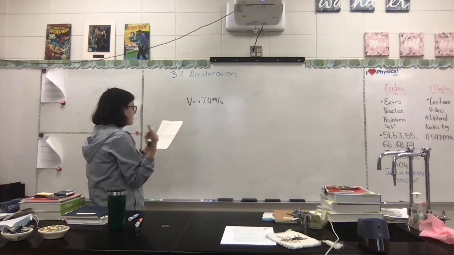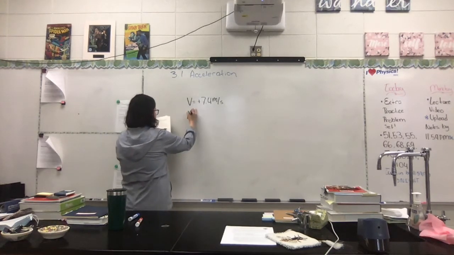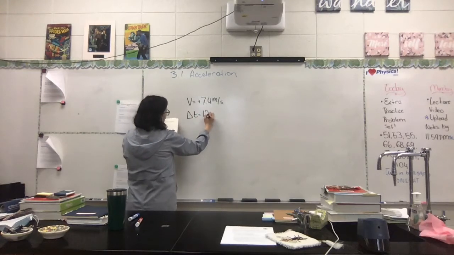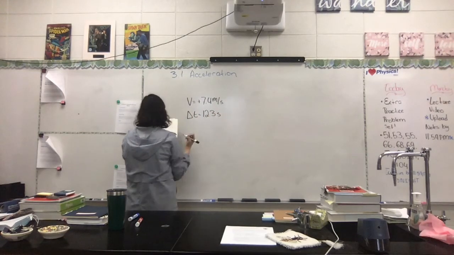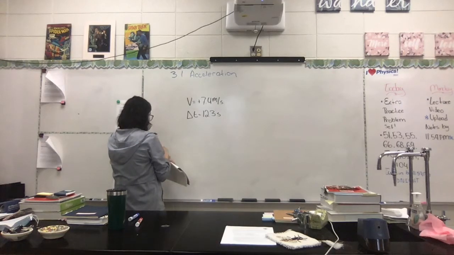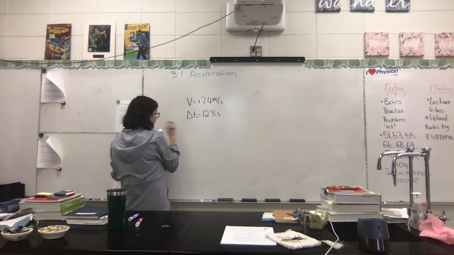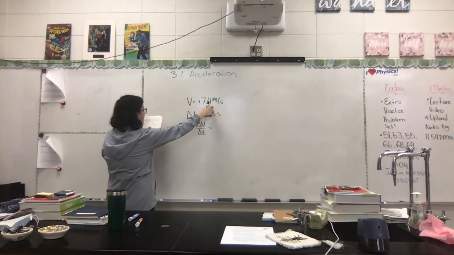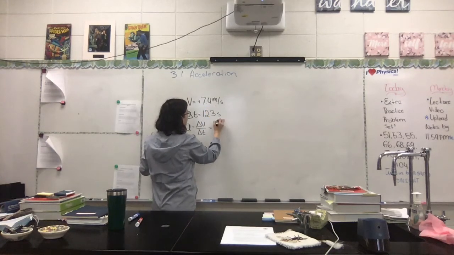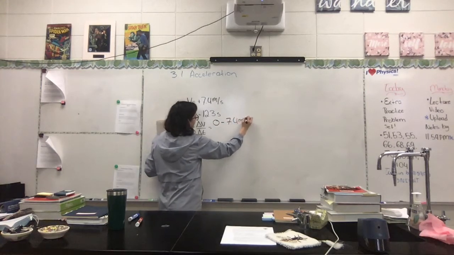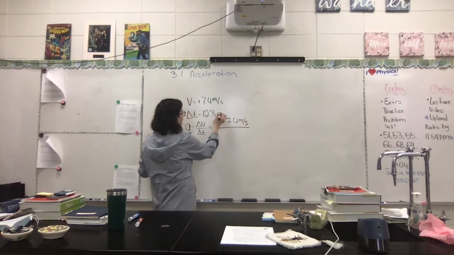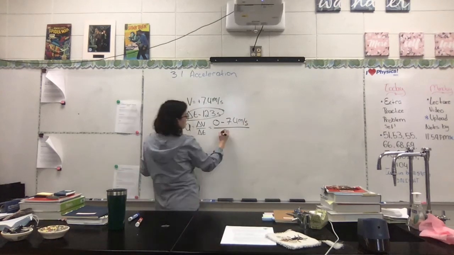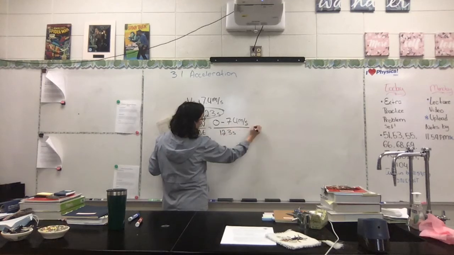The first thing we want to know is if the ferry slows to a stop in 12.3 seconds, what is its average acceleration? Okay? So we have that our average acceleration is equal to delta V over delta T. If it's going to a stop, its final velocity is going to be 0, and its initial velocity is going to be the 7.4 meters per second, divided by the time it takes it to stop, which is 12.3 seconds.